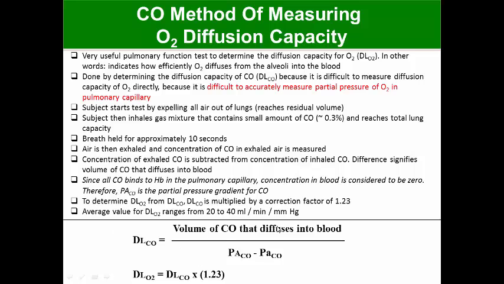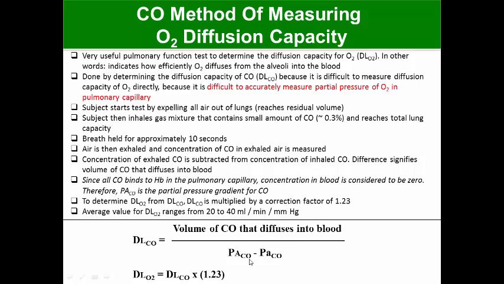Now, this is the equation which we use to measure the diffusion capacity for carbon monoxide. The volume of carbon monoxide that diffuses into the blood, and we know this, divided by the partial pressure of carbon monoxide in the alveoli minus the partial pressure of carbon monoxide in the arterial blood. And we have agreed that this is approximately 0.